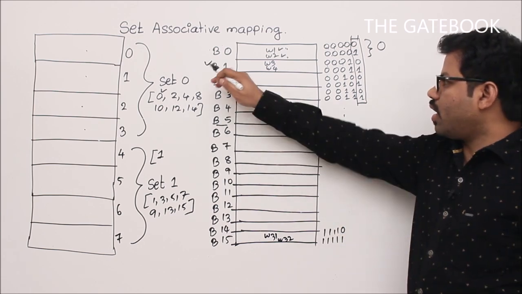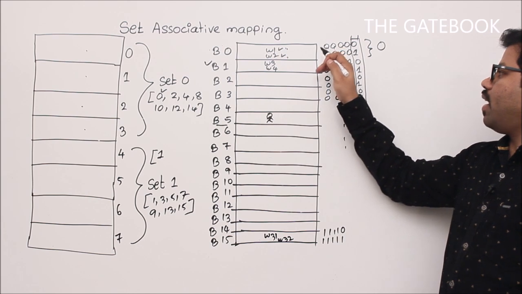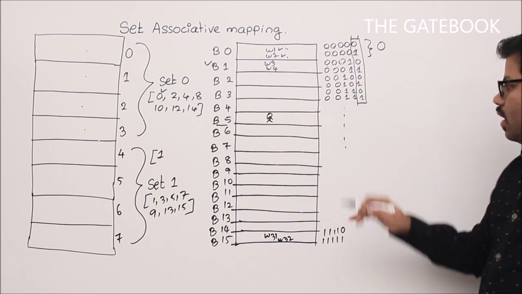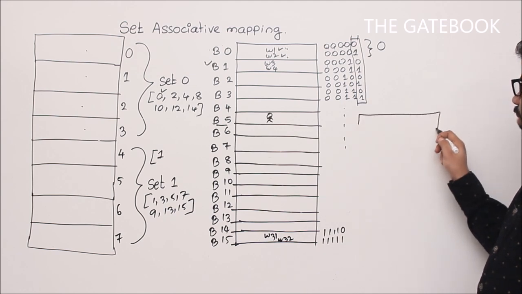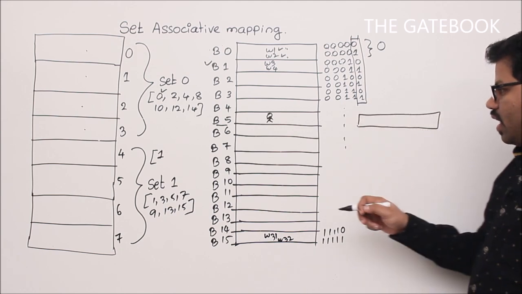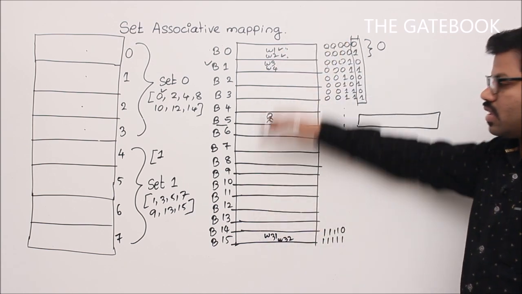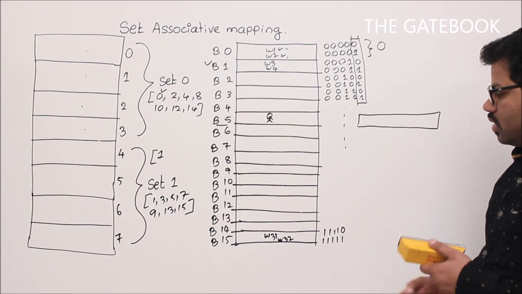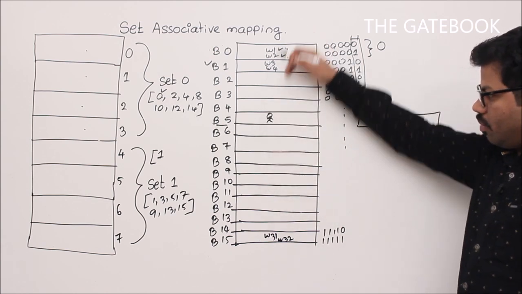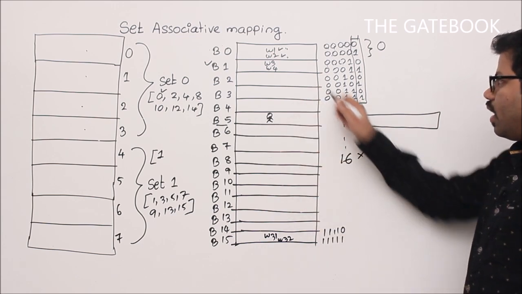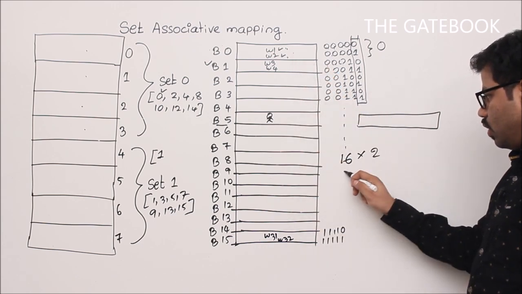For us, it is block number 1, this one. What is the binary pattern for that? The last 4 bits are 0, 0, 0, 1. So finally, my binary pattern is the memory address. So what should be the size of the memory address to have this kind of structure? How many memory blocks do you have? 16, right? 0 to 15, 16. Each block contains how many words? 2, so 32 words.